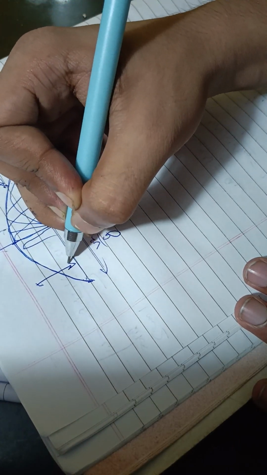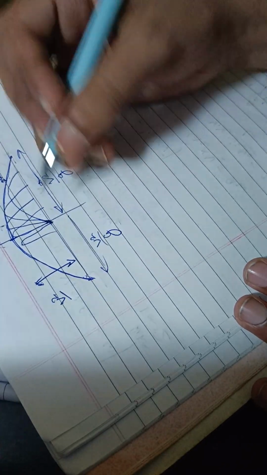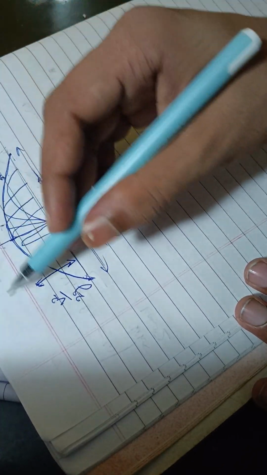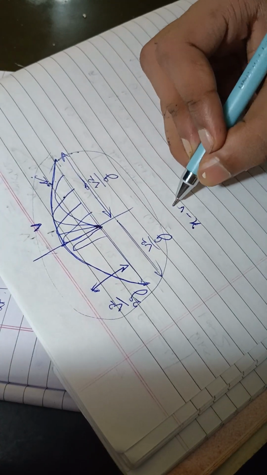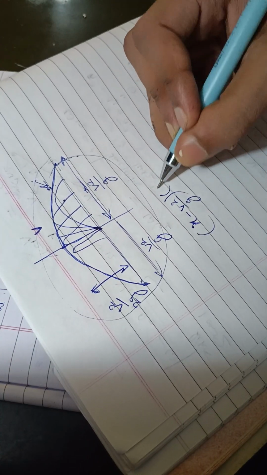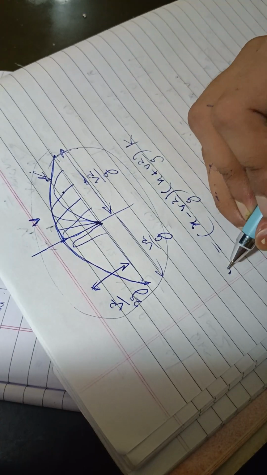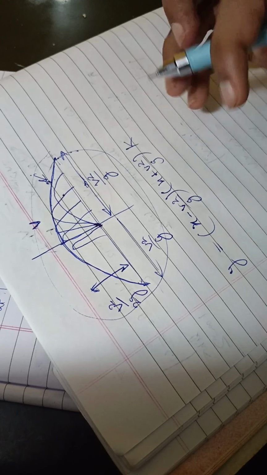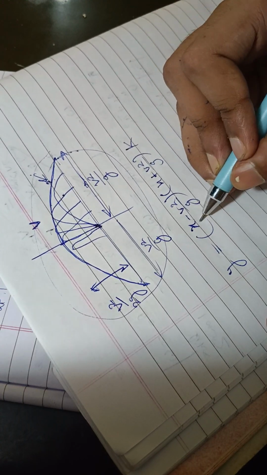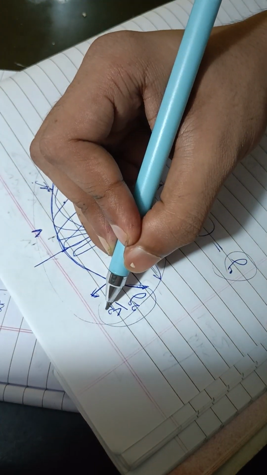This height is v square by 2g. So we can find the equation of parabola using this: x minus v square by g, x plus v square by g into some constant is equal to y. This way we can make the equation of parabola, and when x is equal to 0, this y is equal to v square by 2g.